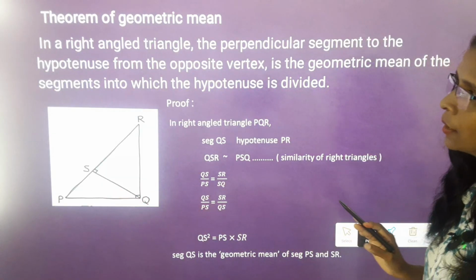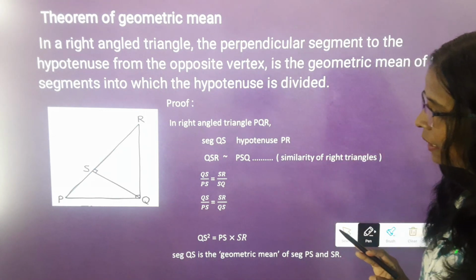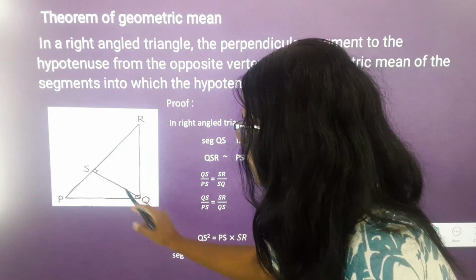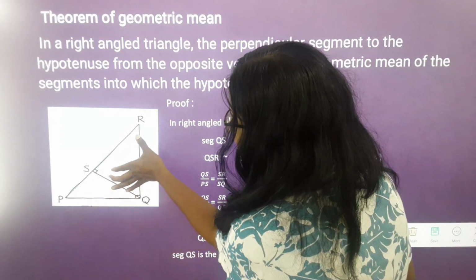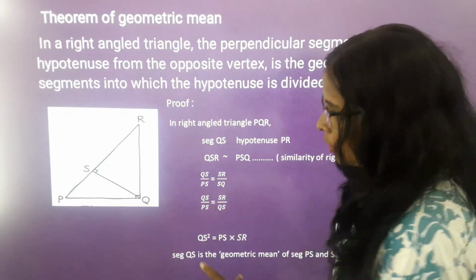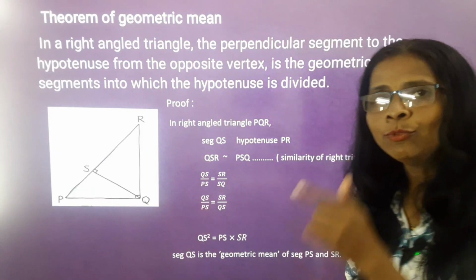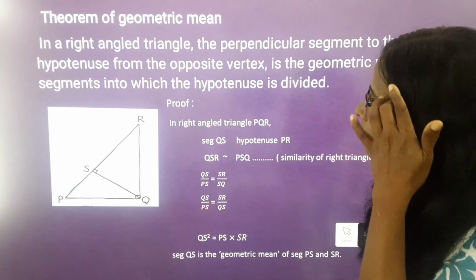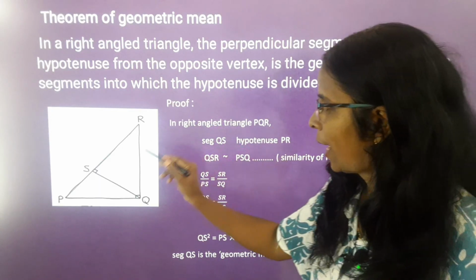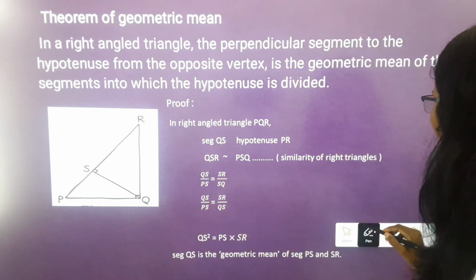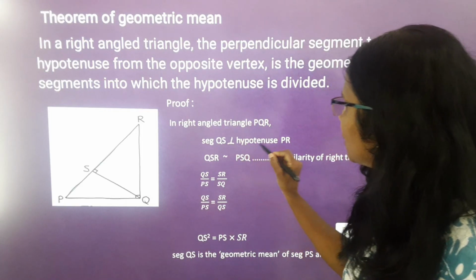Okay, so now here, the perpendicular from the opposite vertex is the geometric mean of the segments. That means QS is the geometric mean of the segments PS and RS. Okay students, that we have to prove here. So we write the proof: in right angle triangle PQR, segment QS is perpendicular to hypotenuse PR.